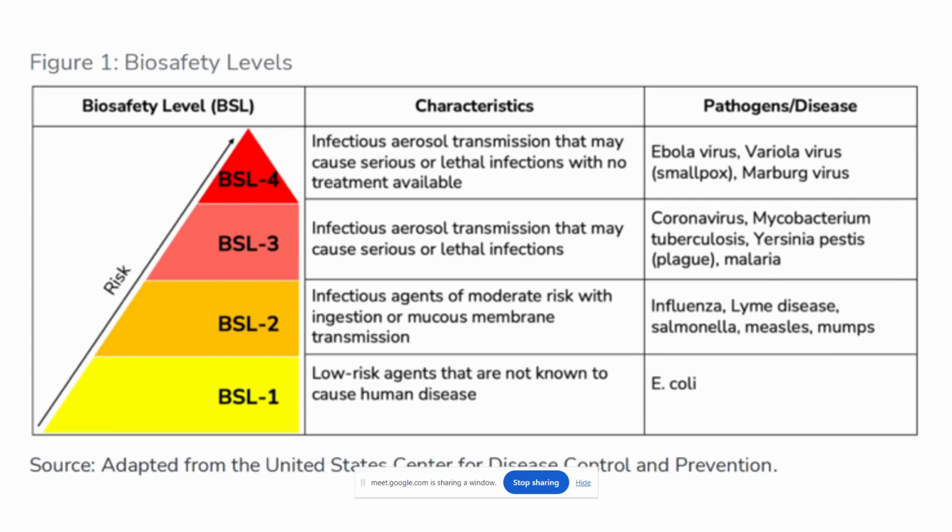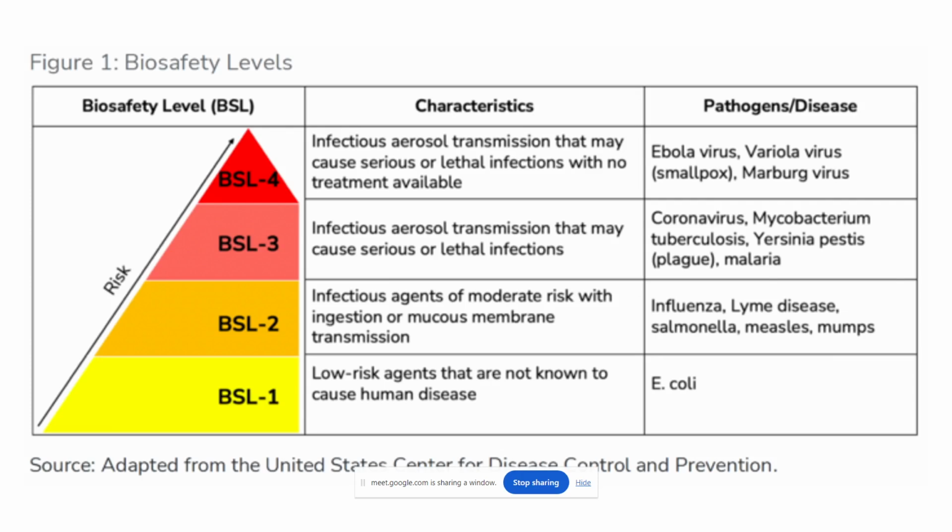From BSL-2 onwards we are handling infectious agents, but BSL-2 includes things that cannot be transferred through aerosol. BSL-3 includes the infectious agents that can be transferred through aerosol transmission. That means it can transfer through air, and the best example that we have all gone through is coronavirus.